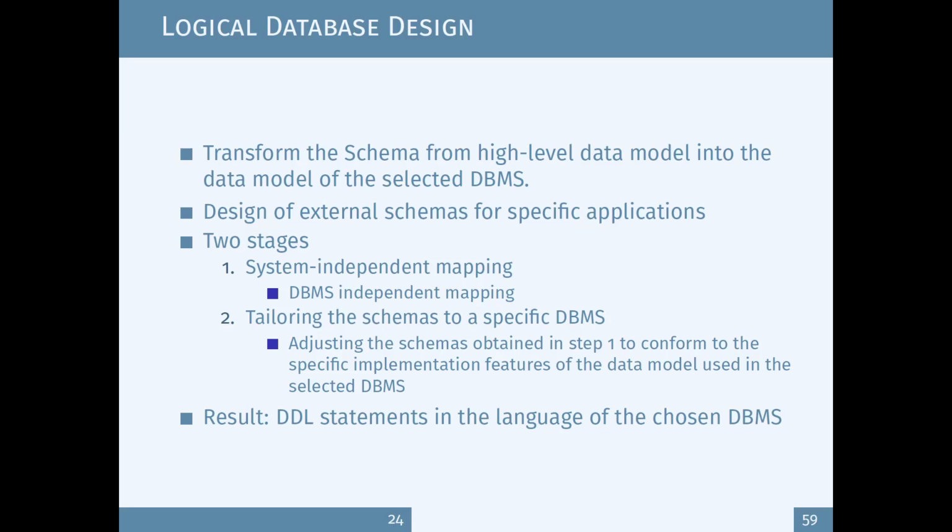For example, if you are selecting a relational database, you have to convert your requirement to relations. But if you select something like a NoSQL database like MongoDB, it will be different. So in the relational world, we have different requirements, and in NoSQL, for example, you have a different set of requirements. So therefore, it totally depends on what you have chosen from the previous step.